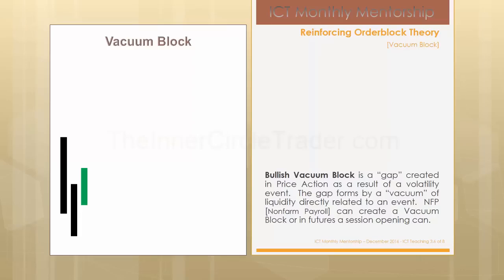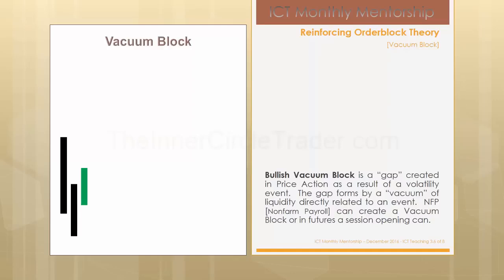And there may be a large volatility injection coming in the form of an economic calendar release. It could be non-farm payroll, an FOMC related event, anything along the lines of interest rates, or a geopolitical event that was not foreseen, maybe not even on the economic calendar, say a terrorist attack, something of that nature.